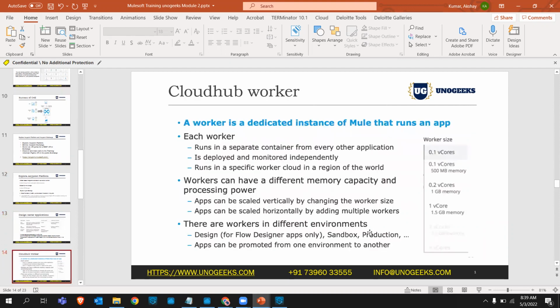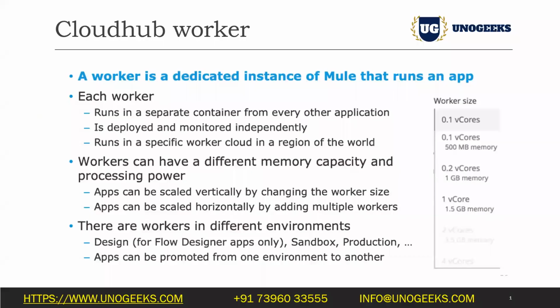Now coming to an important slide, which is the CloudHub worker. You can assume a worker is an instance which is running on AWS EC2. A worker is a dedicated instance of Mule that runs an app. Whenever you build an API, you can deploy it in a single worker only.